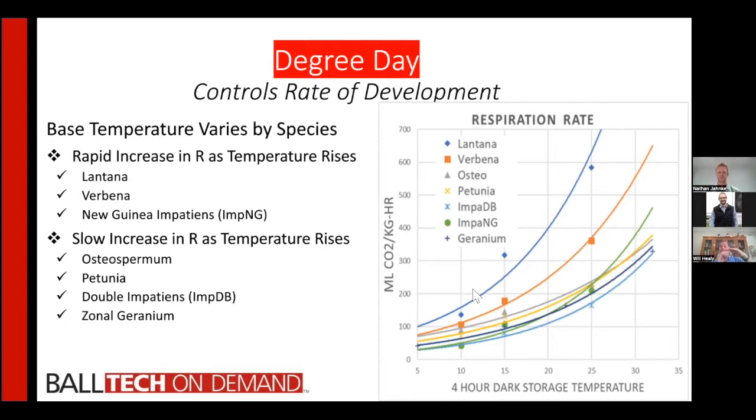She also looked at higher temperatures, where respiration increased, which causes that depletion that Nathan showed you in that scientific work, that over time you deplete the carbohydrates, but with higher temperatures it goes even faster.